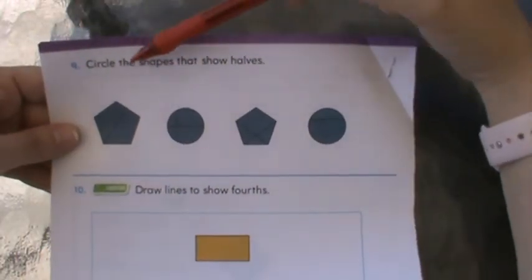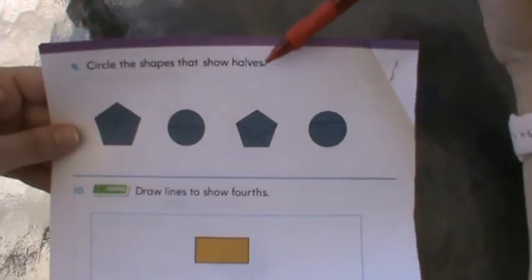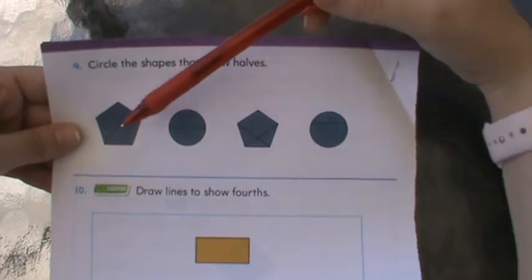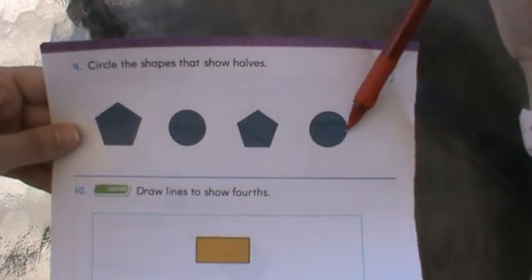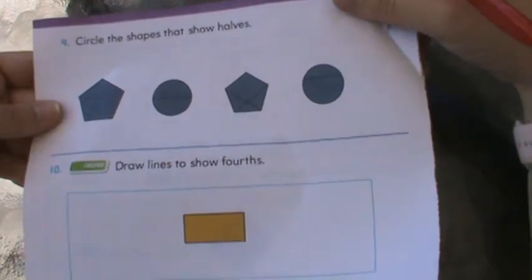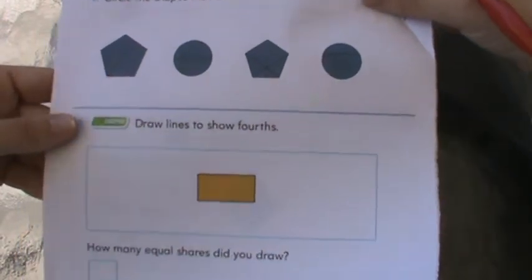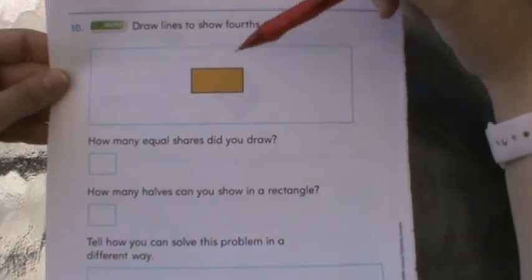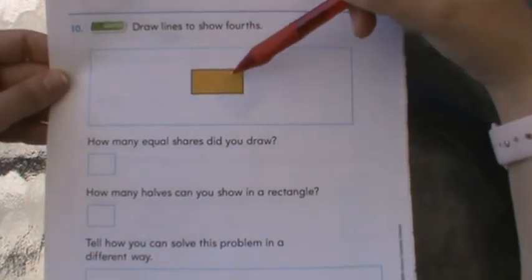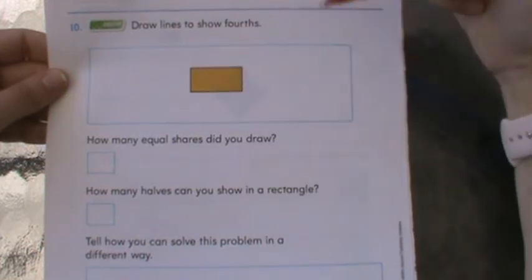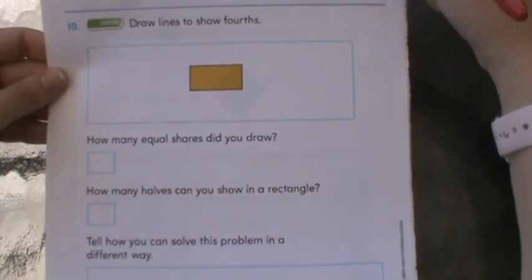Number 9, circle the shapes that show halves. So circle any of the shapes that show you halves. And finally, number 10, draw lines to show fourths. So divide this rectangle into fourths, 4 equal pieces.